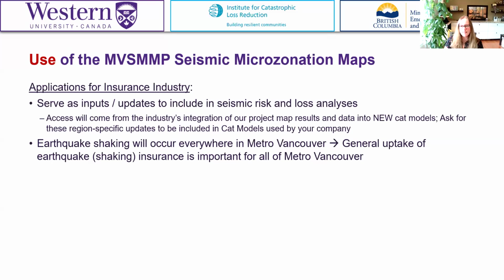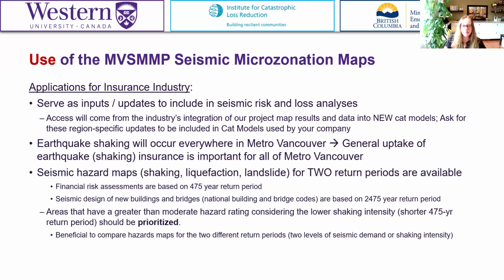Another key take-home message is, even though there's 29 maps that try to explain where it could be better or worse or higher or lower or different, basically the fact that there's 29 maps for Metro Vancouver trying to talk about seismic hazard should be enough to try to push for a general uptake of earthquake insurance for all of Metro Vancouver.